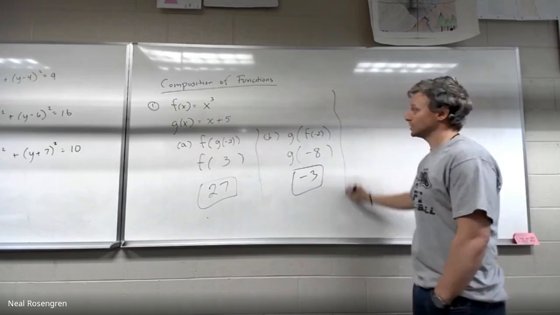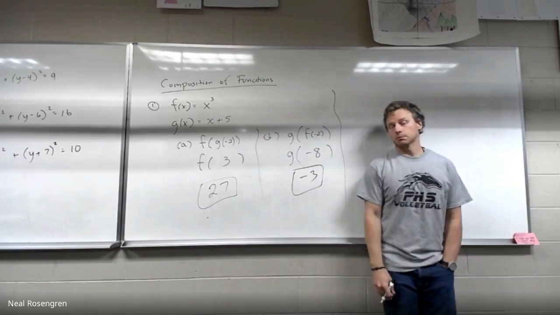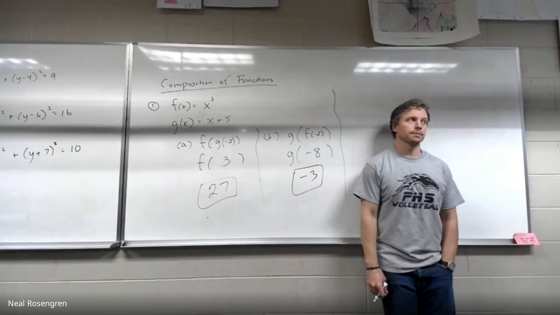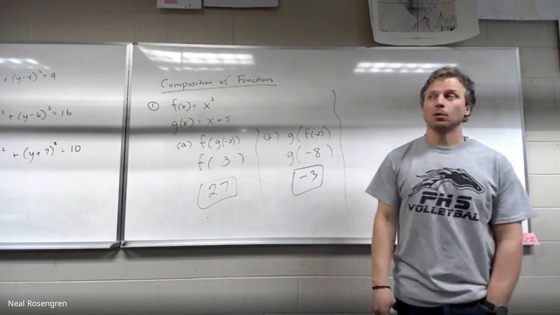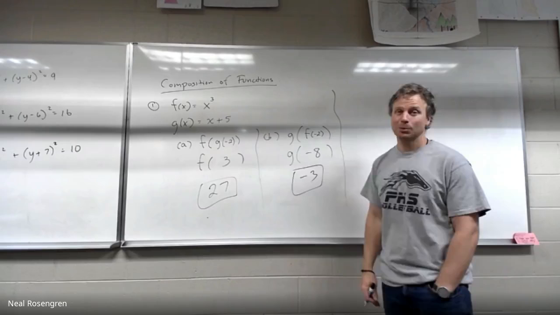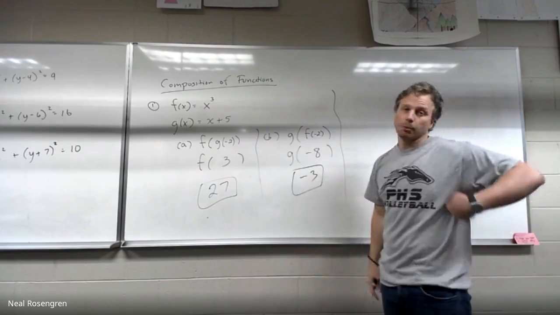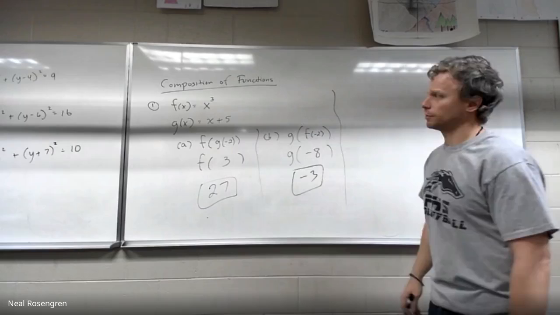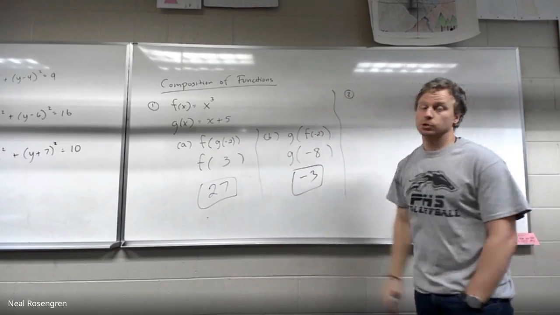So we're obviously going to get different results most of the time. Sometimes it's just coincidence if it works out that way, but the way I can guarantee I get the same result is if f and g were inverses, I'd get that original number back, but that's not going to happen very often. They're going to give us two unique functions and ask us to do some composition.